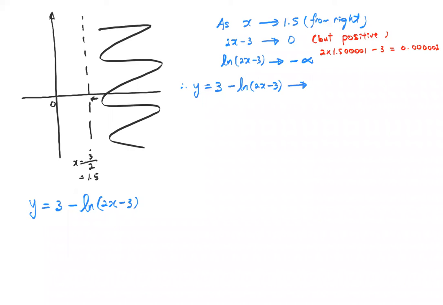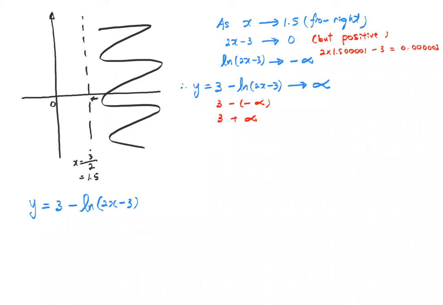The reason is 3 minus negative infinity becomes 3 plus infinity. Am I right? So don't think that everything is negative infinity.